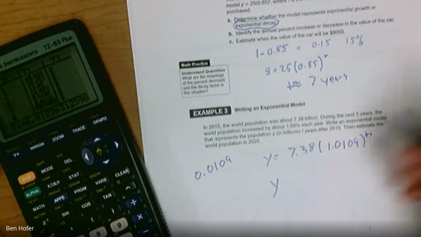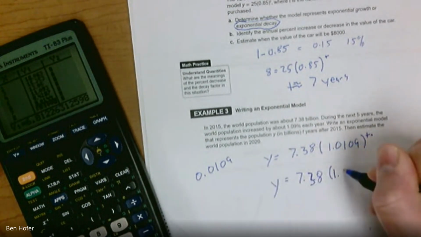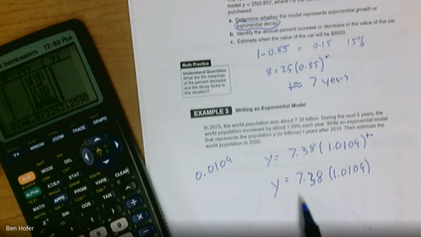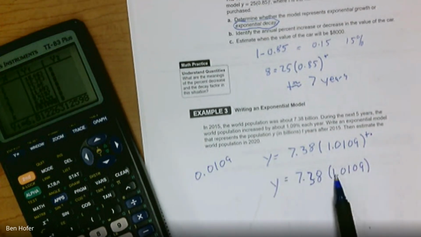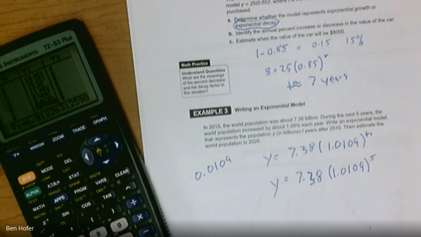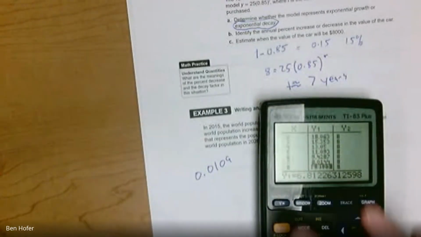So 2015 plus 5 years is going to give us the 2020. So I'm going to copy down that same equation that I just came up with, right? Initial value, an exponential growth factor of 1.0109. And then our T value is going to be 5 because it's 5 years after that initial 2015.